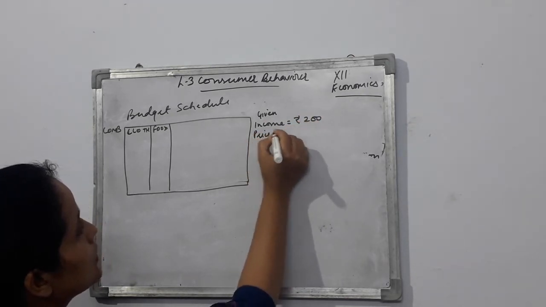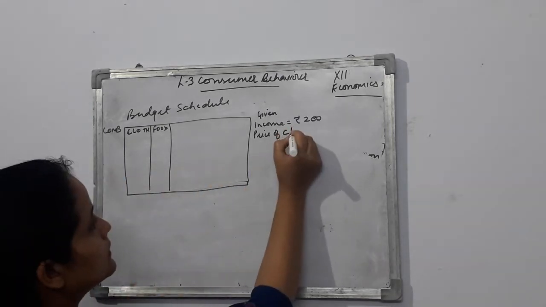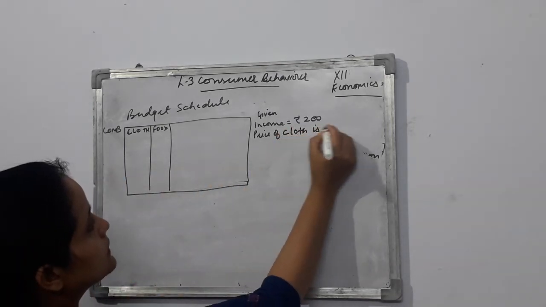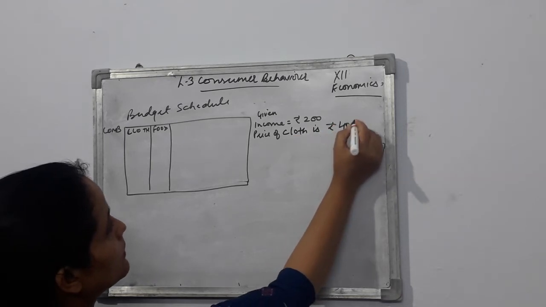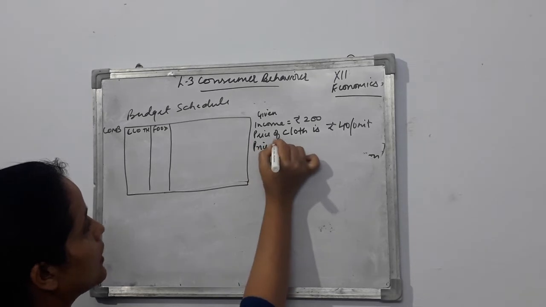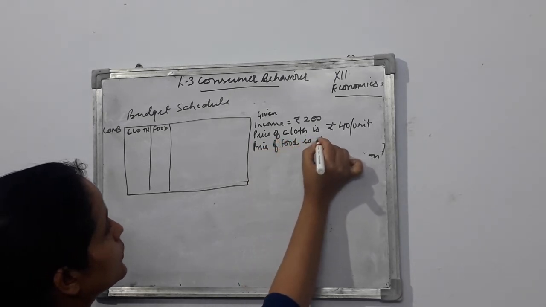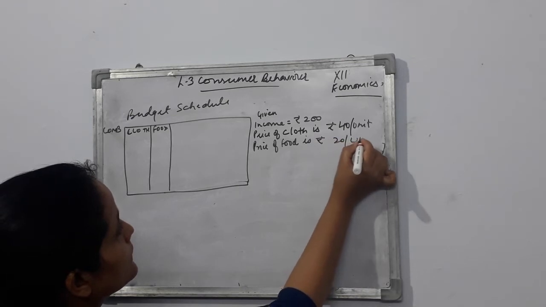Price of cloth is ₹40 per unit. Price of food is ₹20 per unit.